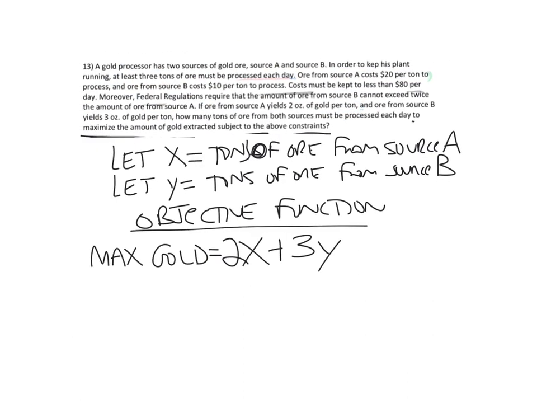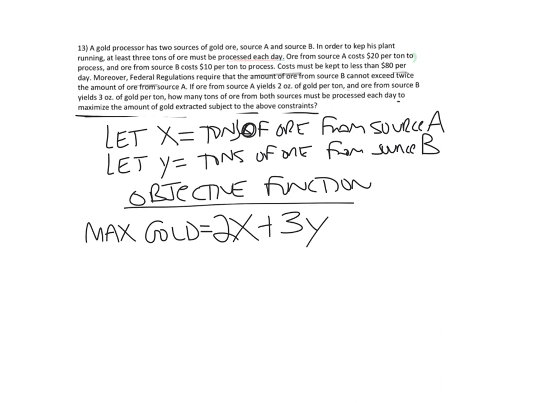So the objective function, you just look for the words maximum or minimum, and that usually pushes you in the right direction. But the constraints, the inequalities, sometimes are more difficult to write. For example, right over here it says, at least 3 tons of ore must be processed each day.